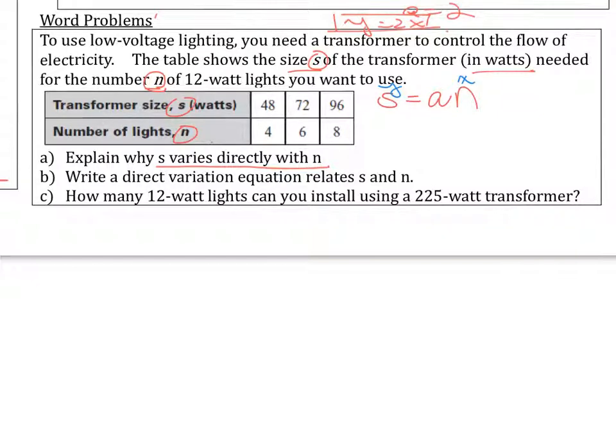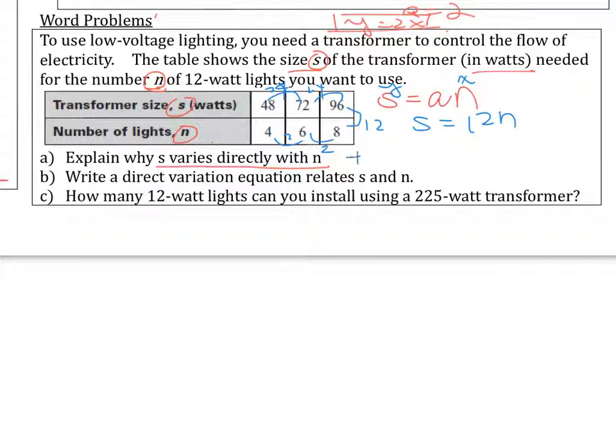Okay, so 6 subtract 4 is 2, 72 subtract 48 is 24. Same thing between 96 and 72, it's also 24. So as you can see, the constant of variation is 12, so S equals 12N.